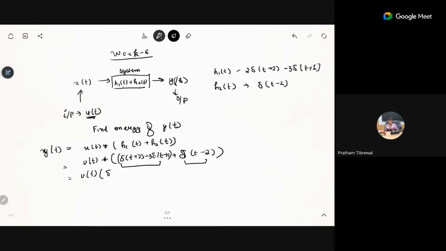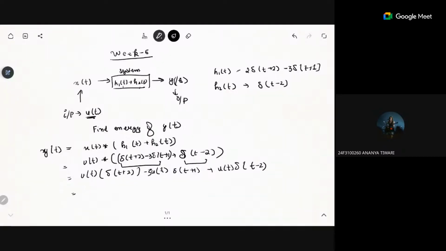So u(t) delta(t) plus 2, and we can simply multiply this u(t) in all these terms. So u(t) delta(t) plus 2 minus 3 u(t) delta(t) plus 1 plus u(t) delta(t) minus 2.